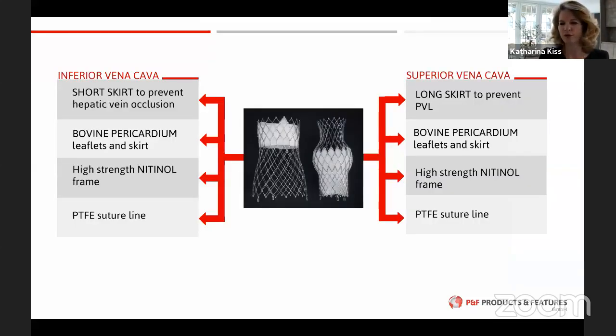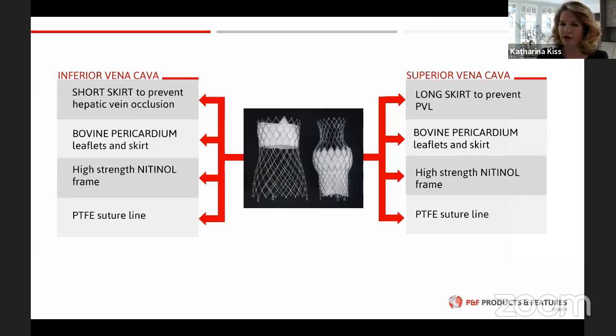So if we look at the 2 dedicated valves, and I have to stress that these are the only 2 dedicated valves for caval implantation available, you will see on the left side the short skirt of the inferior vena cava valve in order to prevent hepatic vein occlusion and paravalvular leakage. It's a bovine pericardium and a high-strength self-expandable nitinol stent frame.